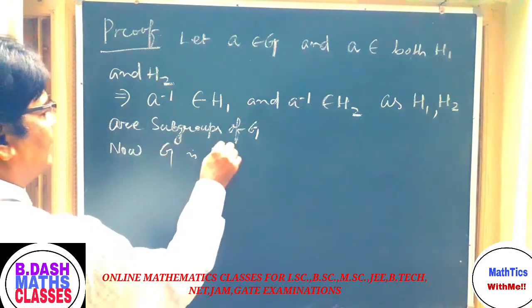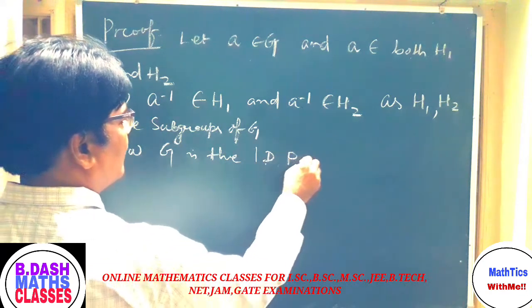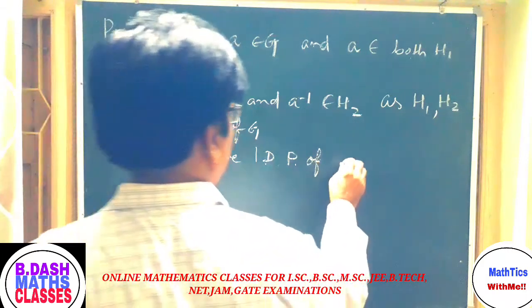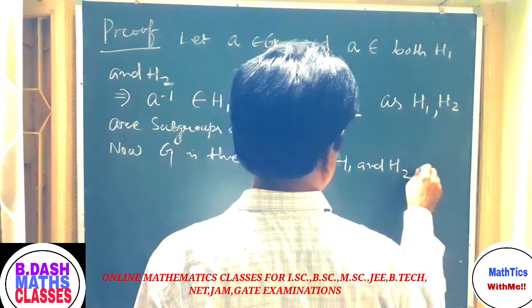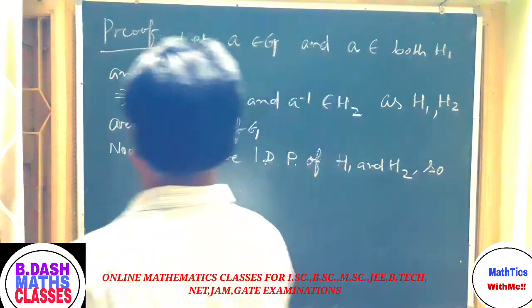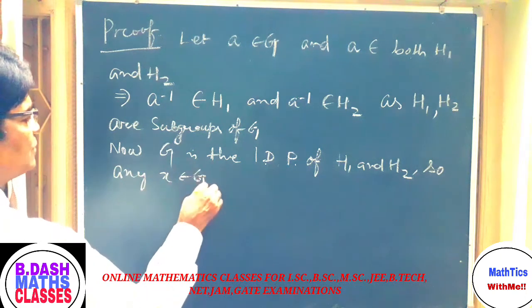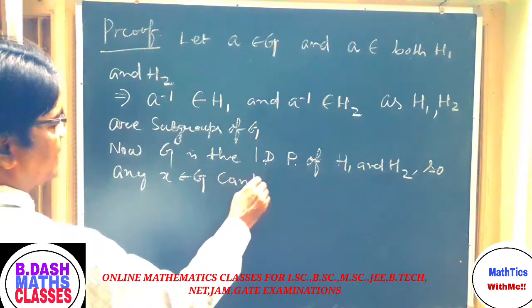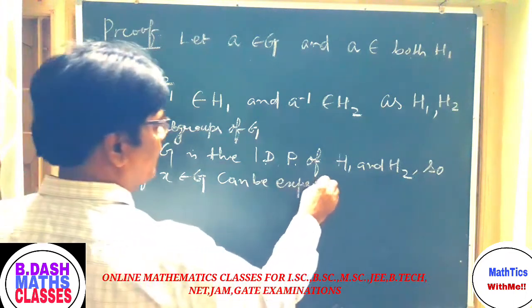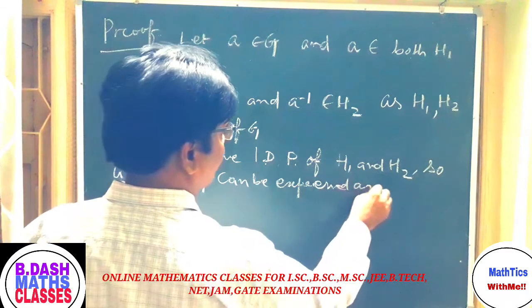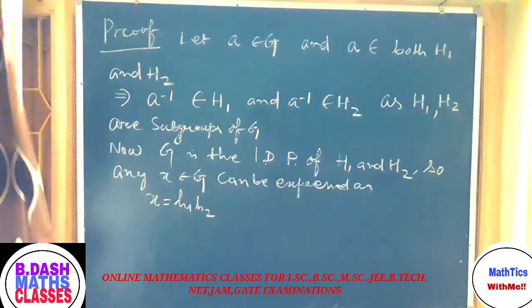Now, G is the internal direct product of H1 and H2. So any x belongs to G can be expressed as x = h1 h2.